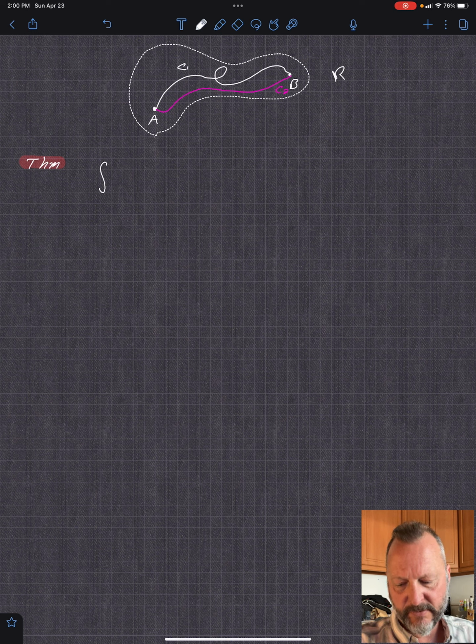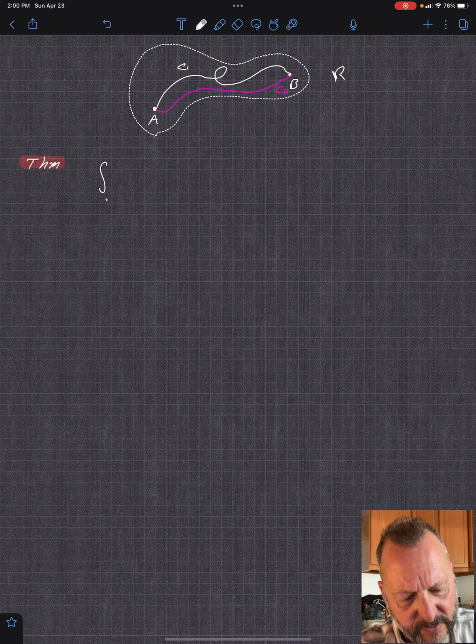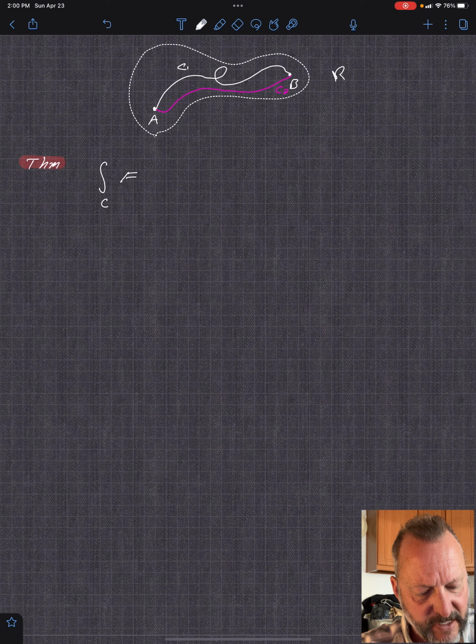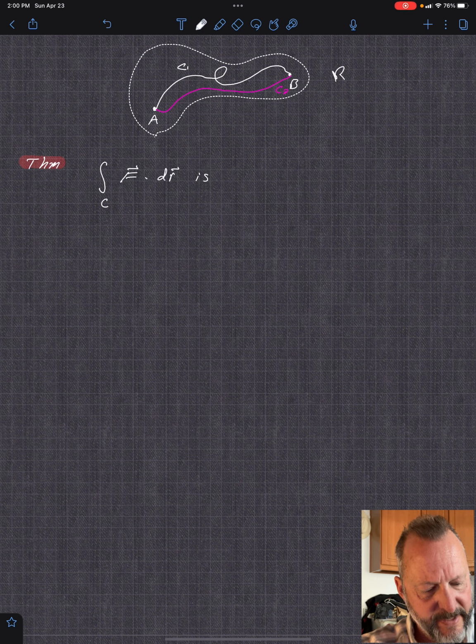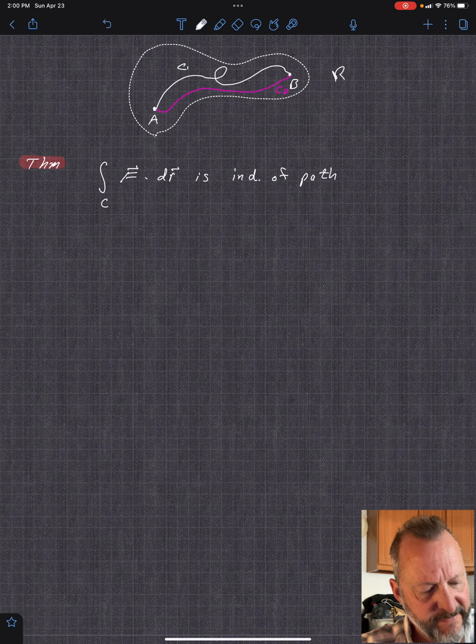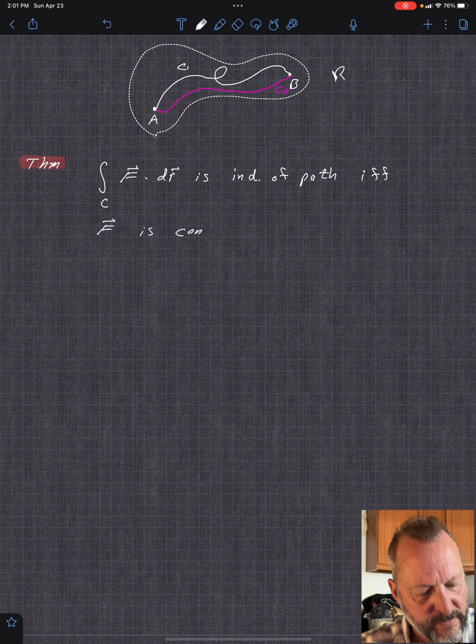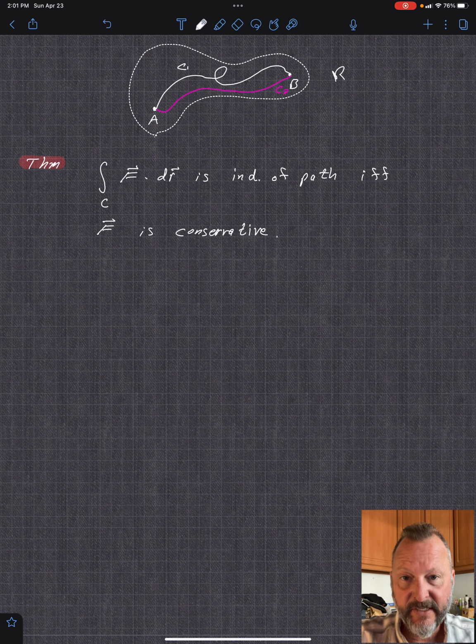So the line integral over C of f dot dr is independent of path if and only if f is conservative.